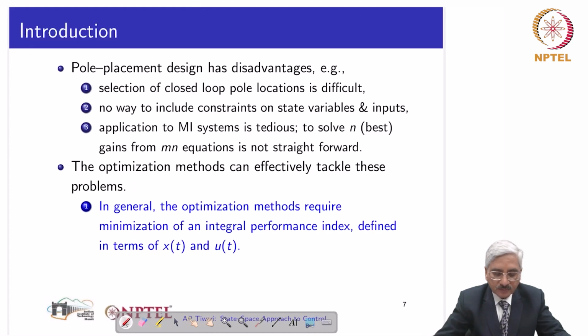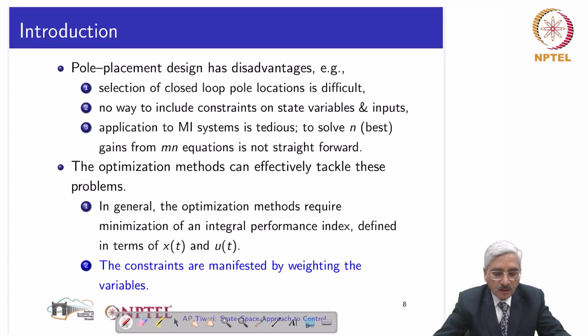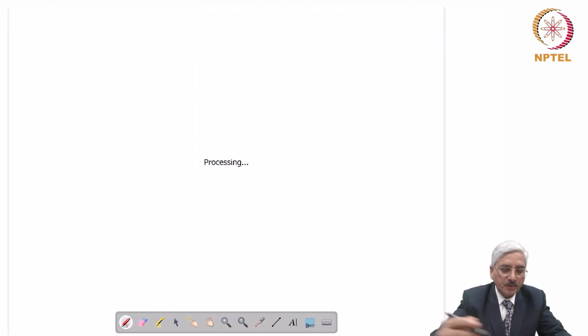These methods require in general minimization of an integral performance index, the performance integral, which is defined in terms of the states and the inputs, the state vector x(t) and the input vector u(t). The constraints are manifested by weighting the state variables and the input variables.